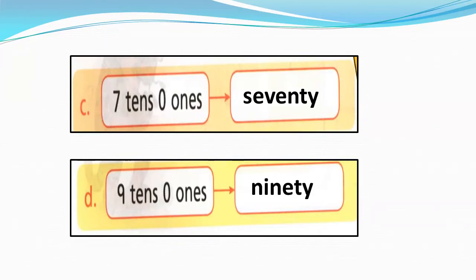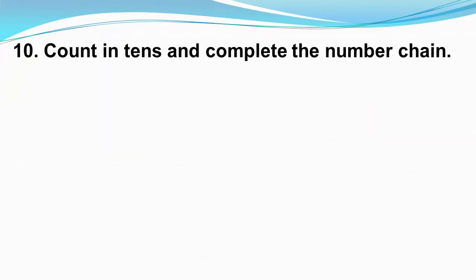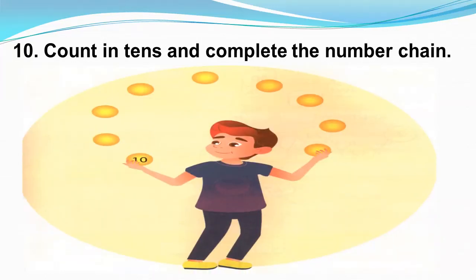Now there is question number 10, which is count in tens and complete the number chain. Here is number 10. Now count in tens and tell me in tens counting what number will come after 10?